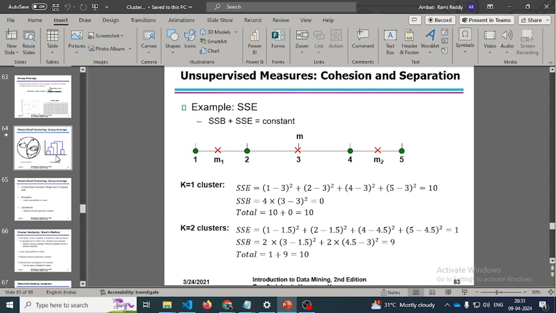Even in this clustering itself, you have already seen there are a lot of pros and cons, problems and limitations. It depends on what kind of data you are getting. If you do minimum, observe how your clusters are forming. If you do maximum, visualize how your clusters are forming. If you do average, visualize how your clusters are forming.